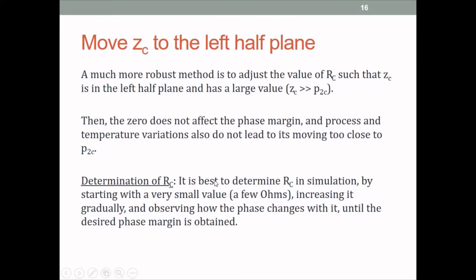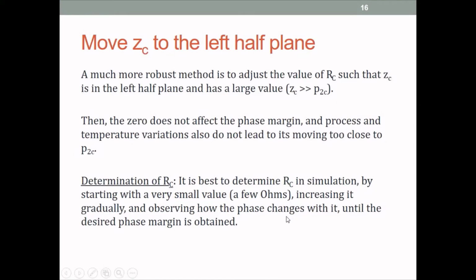Now, how to determine RC? One can actually go through the mathematics, but again the mathematics tends to be extremely approximate, and therefore the best thing is to find RC in simulation. The way one goes about it is, you start with a very small value of RC, a few ohms, and then you increase it slowly, and you watch how the phase as well as the phase margin changes as RC changes.